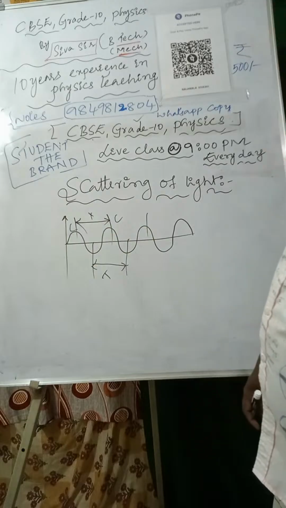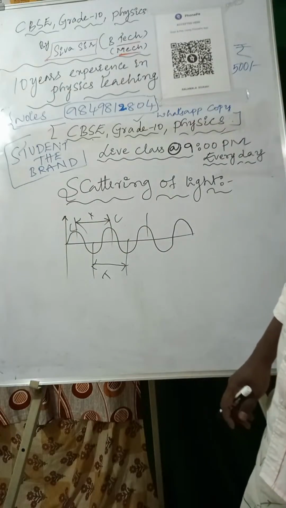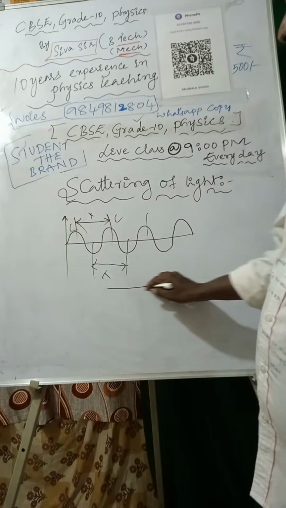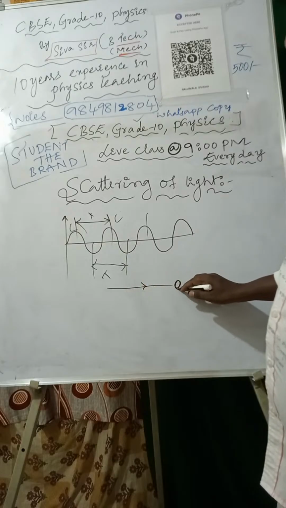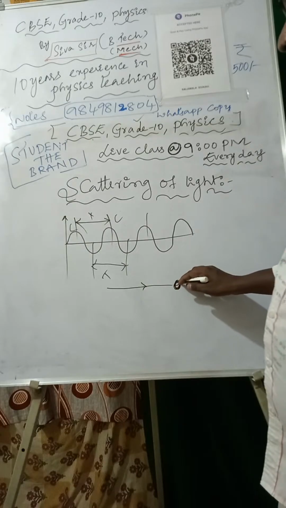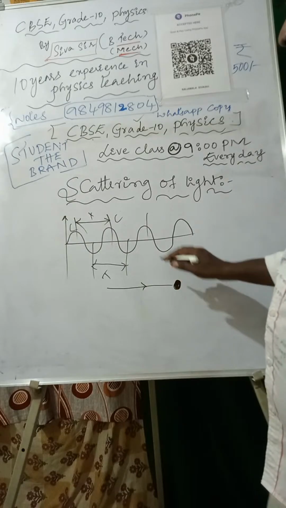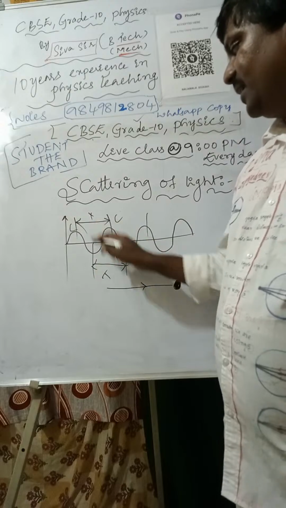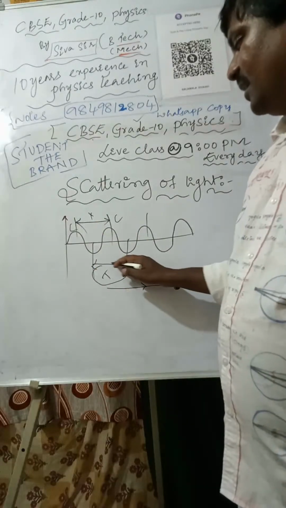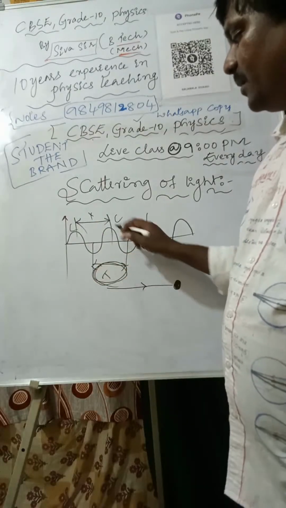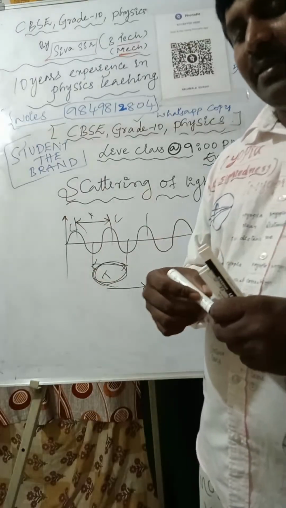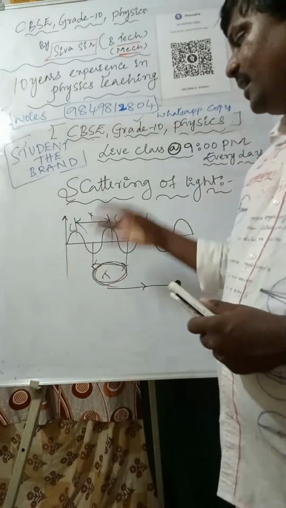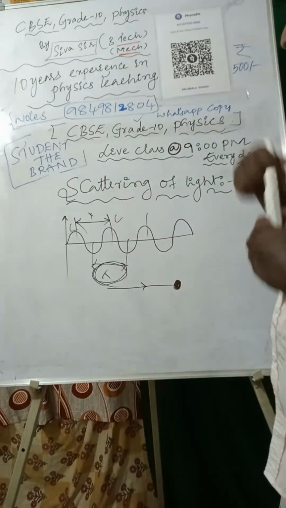I'm considering wavelength. If light is coming and here is a particle, and this particle size is comparable to the wavelength of the light, then the particle will absorb the light and re-emit it in all directions with a different intensity.